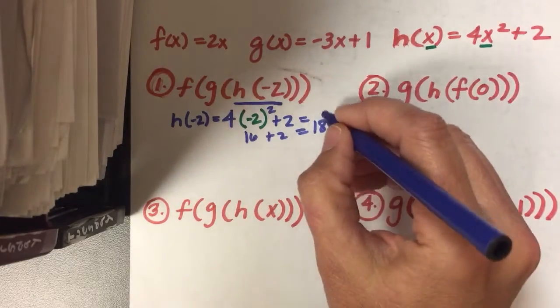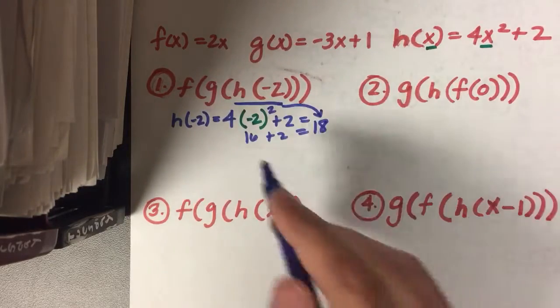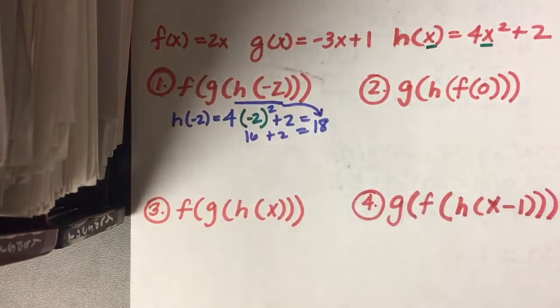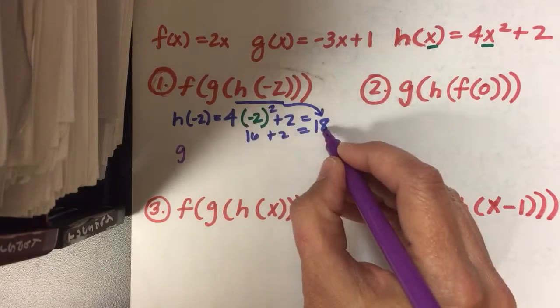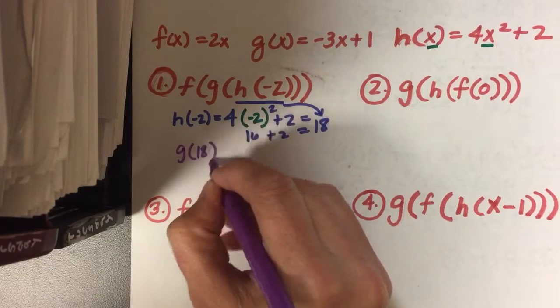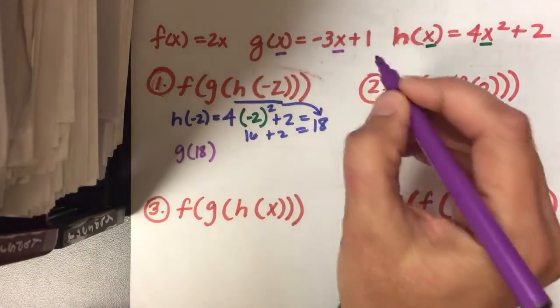Now we're going to take this 18, because that's your h of negative 2, and that's going to become my input for g. So let's look at g. G of, what did I get? 18. Remember, inside out. So my input is now going to go in here.